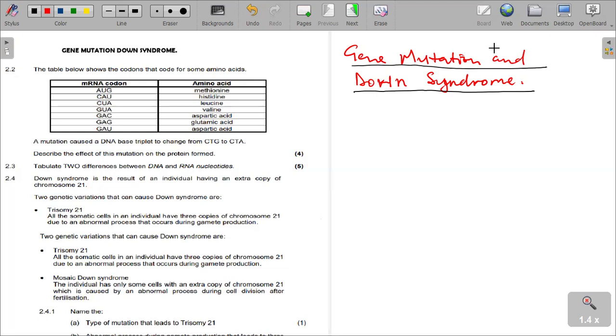Just to go into our questions today, we would quickly want to answer these questions, and then we'll be explaining them further as we go. The question here is that there is a table that shows mRNA codons that code for some amino acids, and the amino acids.